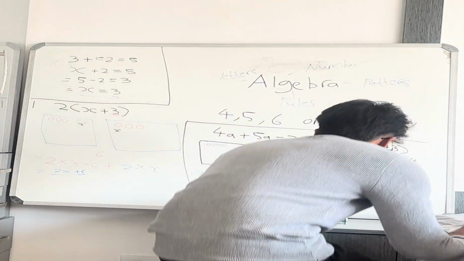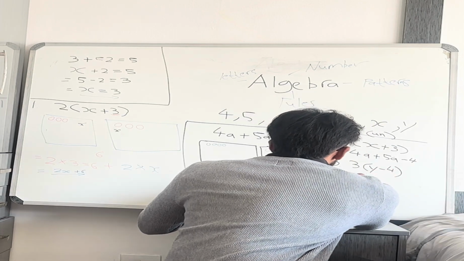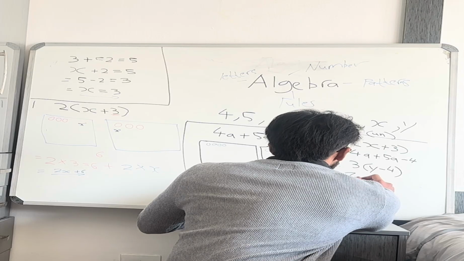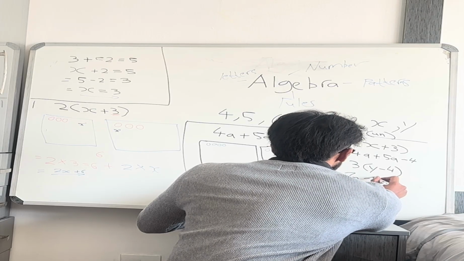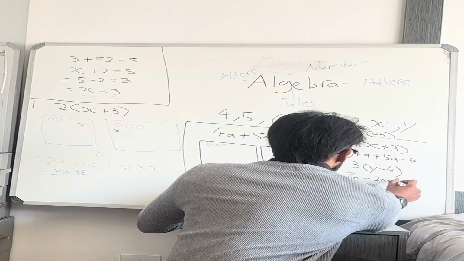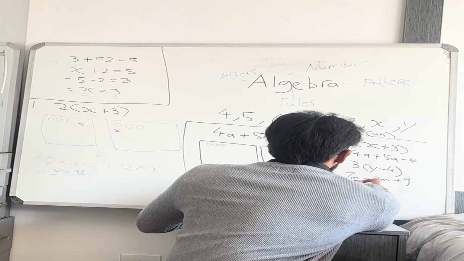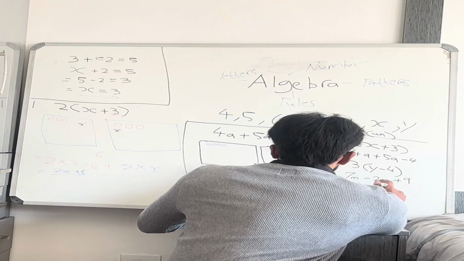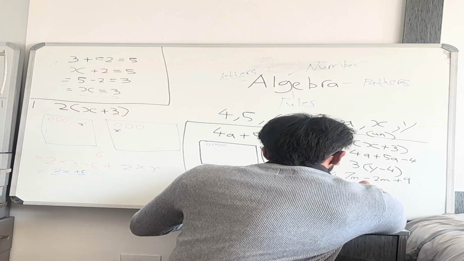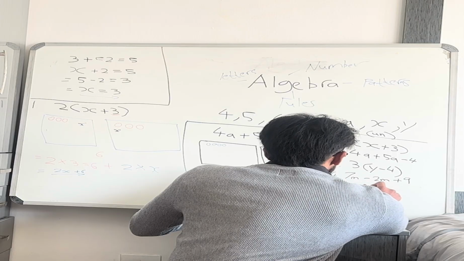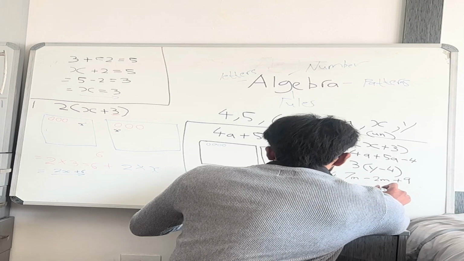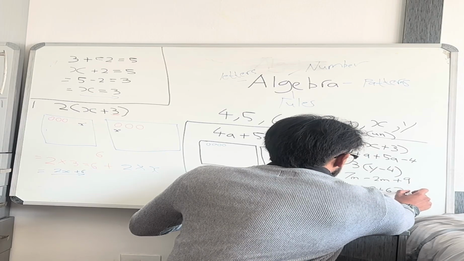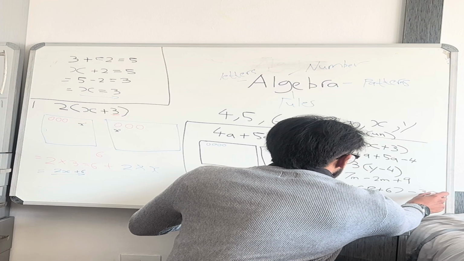And for the last 2, it will be 7m minus 2m plus 9. And for the fifth one, 5 open bracket p plus 6 minus 3p.